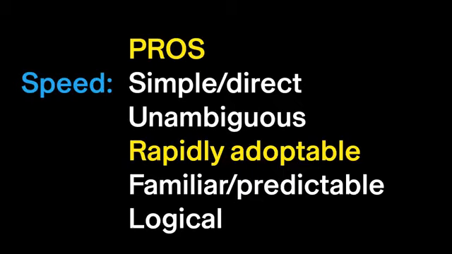It can be adoptable by a wide number of people for a wide number of uses. And simplicity and homogeneity can create a familiar and predictable interface across a number of different bodies of content or different kinds of experiences. Above all, simplicity builds logic, which means that pretty much anybody can figure out how to use this interface very, very quickly.